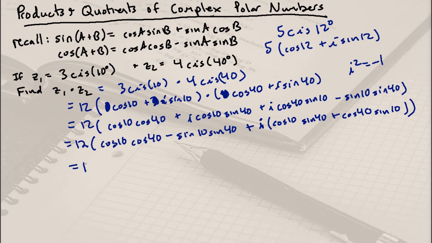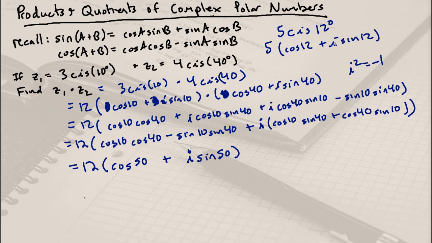So that gives us 12. This is our sum formula for cosine. If I add those two angles, that gives me 50, so that gives me cosine of 50. Plus i, and this is the sum formula for sine, and 10 plus 40 is still 50.